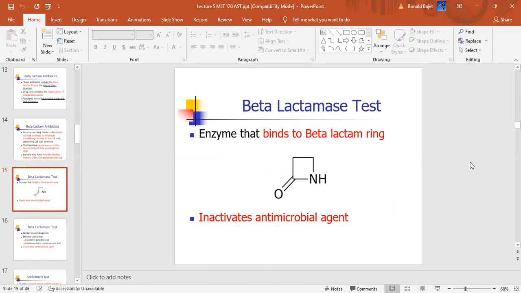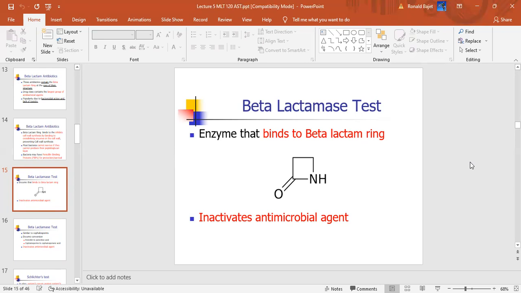If the bacteria has beta-lactamase, that's a defense mechanism against the medicine, the penicillin. So it will inactivate the beta-lactam ring. If the beta-lactam ring is not working, then it won't hurt the bacteria. So beta-lactamase will inactivate the beta-lactam ring.